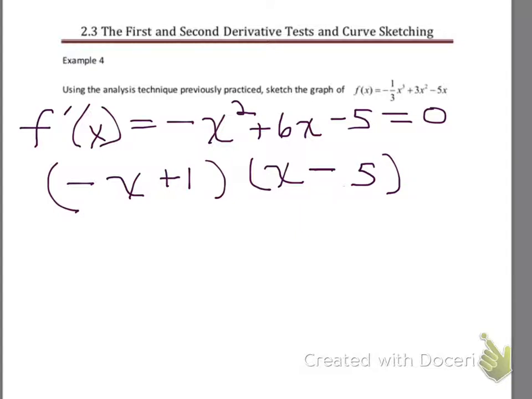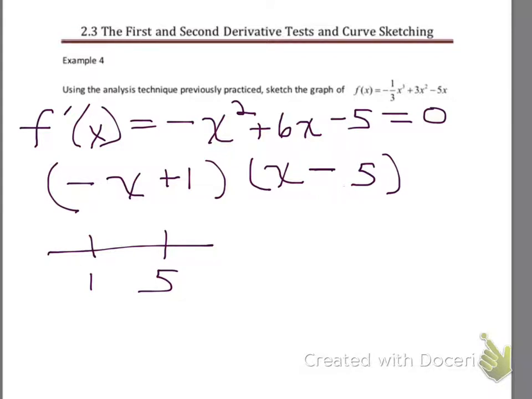What are my critical values? If I set this equal to 0, I'll get 1 and I'll get 5. So my critical values are 1 and 5. What are my critical points?